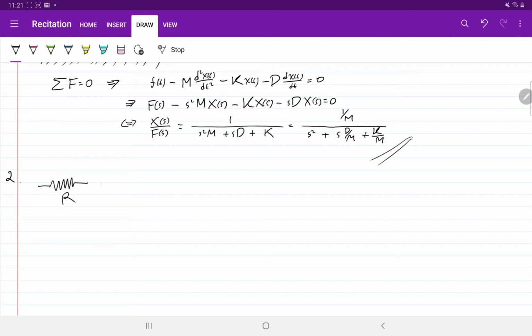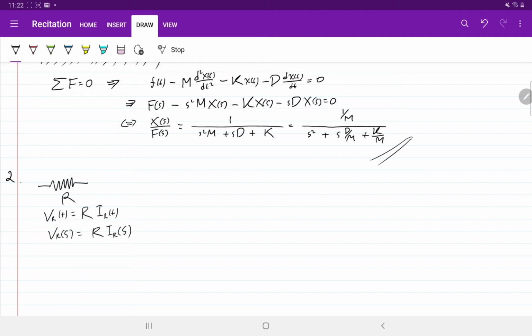We know that V_R of t is R times the current. And if we take the Laplace transform, it simply becomes V_R of s equals R times I_R of s.